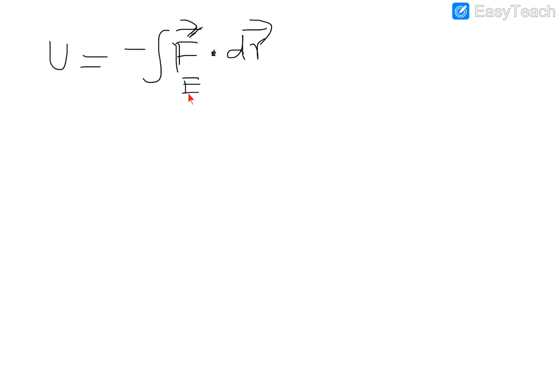Dot product between force and displacement. In 11th you studied that the dot product end result will be a number, a scalar. If you do this dot product, you will get a number only. There won't be any direction. Number means a scalar. Okay, so potential energy is a scalar quantity which will not have any direction. It will only have some value.